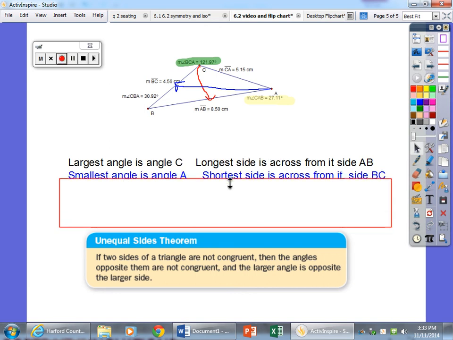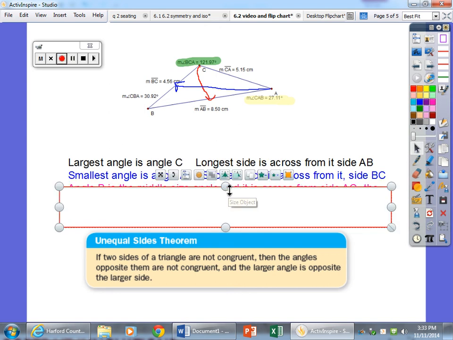That was what I was trying to get you to see during the activity where you were supposed to draw your own triangle.